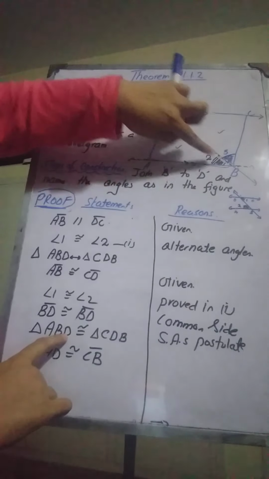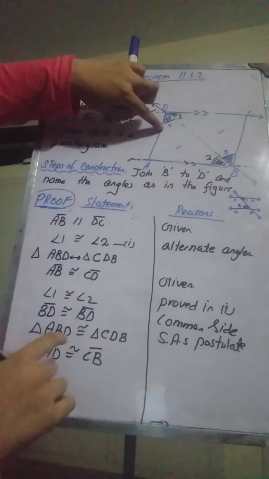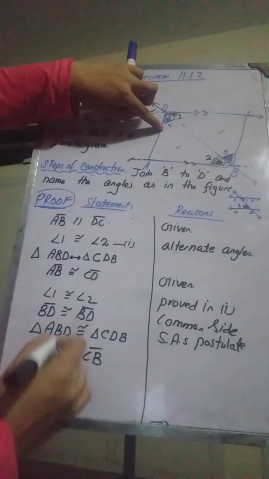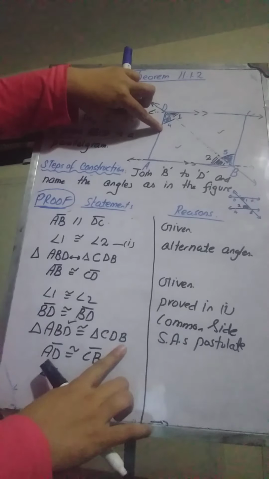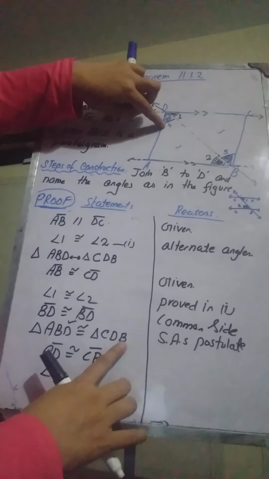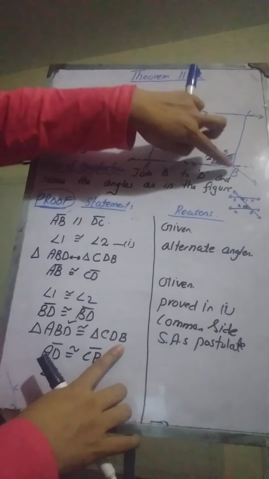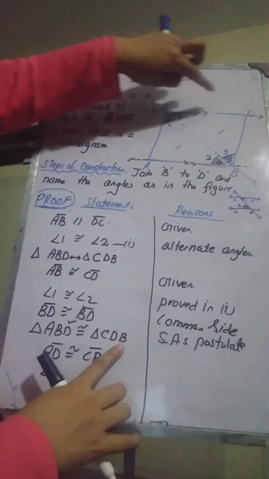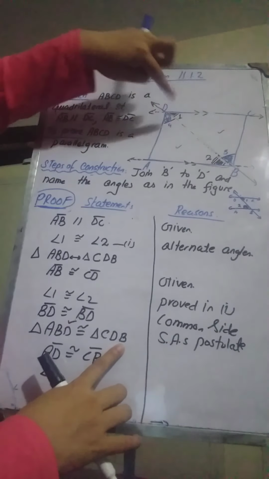And the angle at the point D of this triangle ABD, okay, this is triangle ABD, and the angle which is made at the point D is angle 4. Angle at the point D will be the same as the angle at the point B of this triangle CDB. The angle made at the point B of this triangle is angle 3.